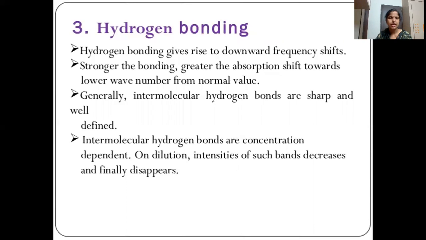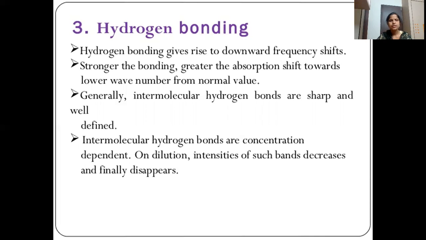The third factor is hydrogen bonding. Hydrogen bonding also changes the vibrational frequency values. When hydrogen bonding is formed, the frequency shifts towards the lower wave number. Why does it shift? As we know, when a hydrogen bond is formed, the bond length will increase, and when the bond length increases, the force constant will decrease.